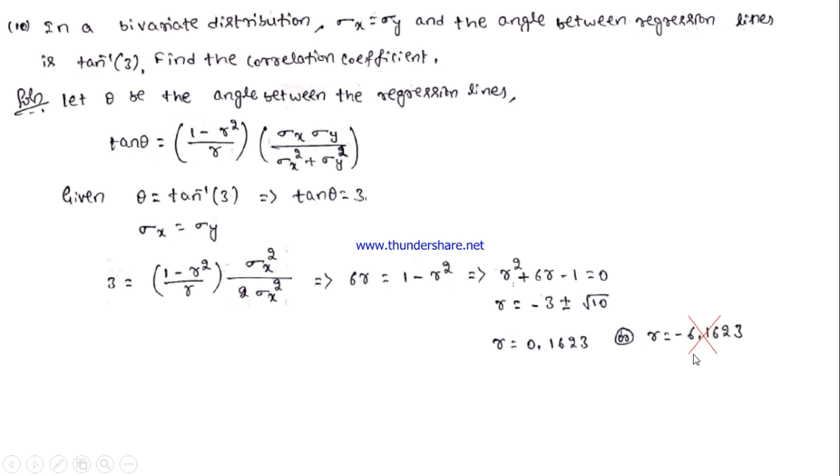That is, we are expecting mod r is less than or equal to 1, but it is beyond that, so we are supposed to reject this, and the value of r for this problem is given by plus 0.1623. I hope you people are comfortable with this.